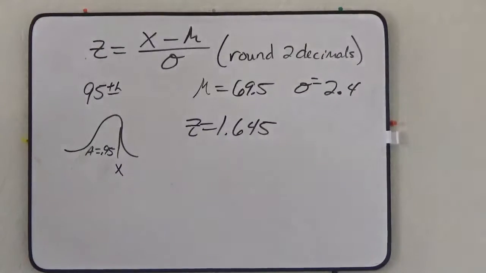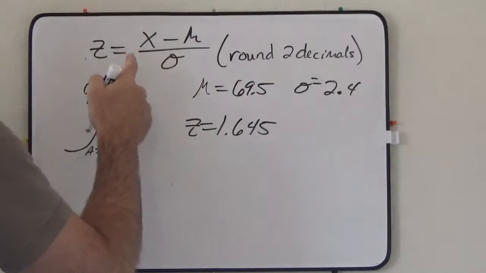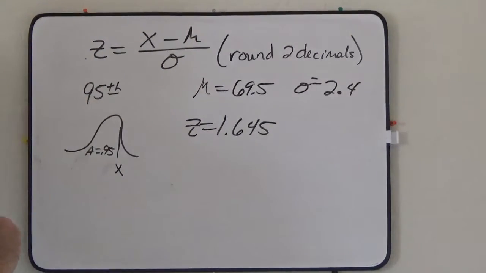Okay, it's one of your special cases. Knowing the z-score is 1.645, what we're going to do here is plug it into this formula up here, but we're looking for the value of x, which means the height that it needs to be.